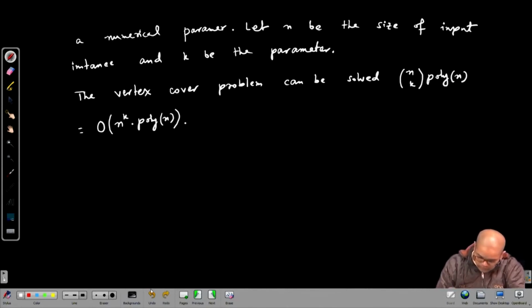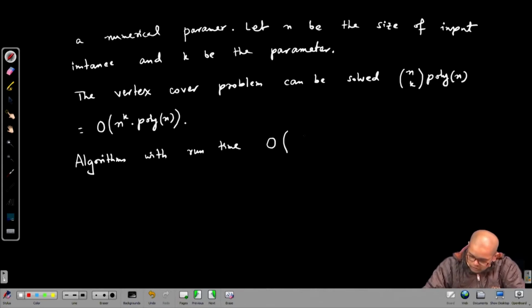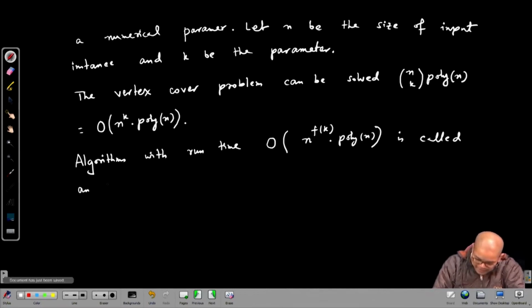So, algorithms with runtime big O of n to the f of k times poly n, this is called an XP algorithm.